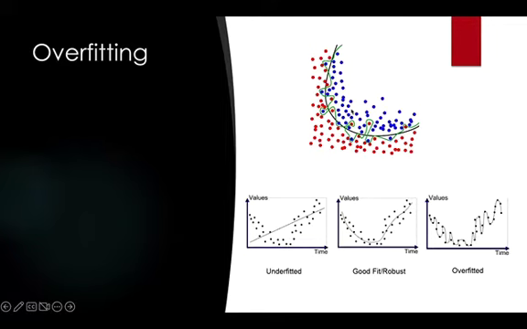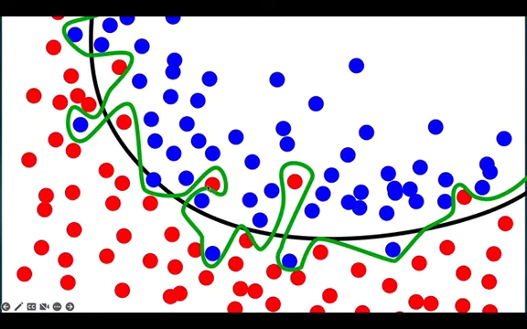We can see that here in this green and blue, red and blue graph, where if we overfit the data, then we have this very green jagged line which curves back and forth and doesn't capture the key insight, which is captured by this black line. The black line gives us a general trend and a general boundary line for the data, while this green line overspecifies and overfits and will do a bad job when it comes to predicting future data.